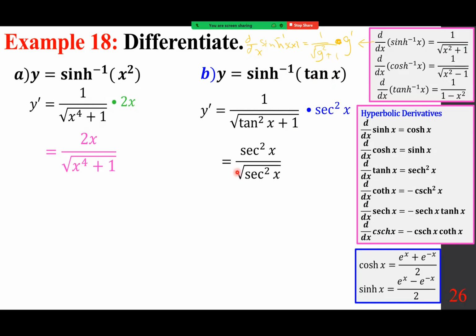And because it's in the square root, it comes out as absolute value of secant x. If you divide secant squared by absolute value of secant x, you still have absolute value, okay? Because the numerator is positive and the denominator is also positive, you have to put it in an absolute value.